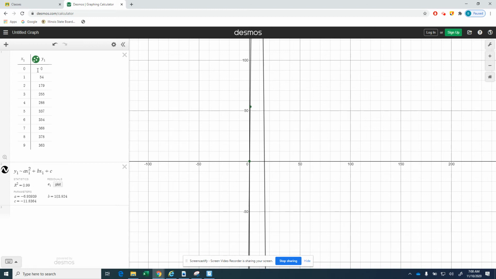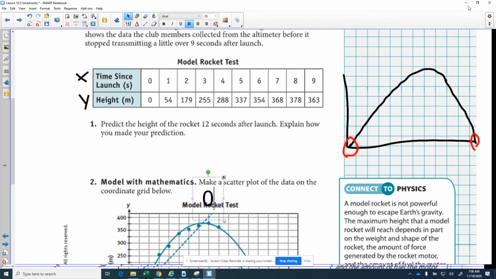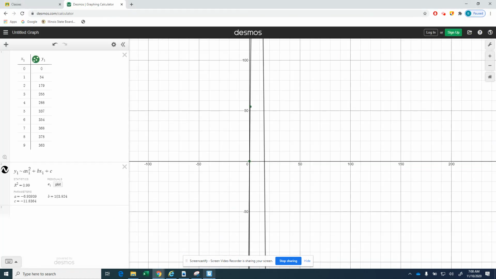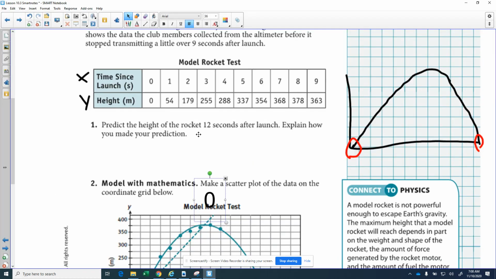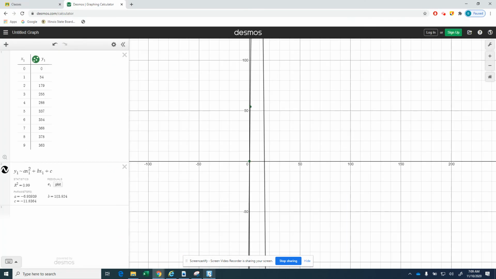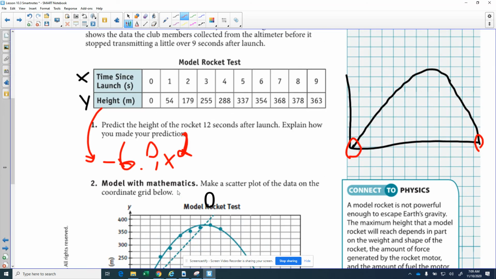Now the steps go like that. We plug in the table, and then we work this value out. So now I don't really have some unknown value. I know exactly that this equation is going to be negative 6.9x squared plus 103.8x.